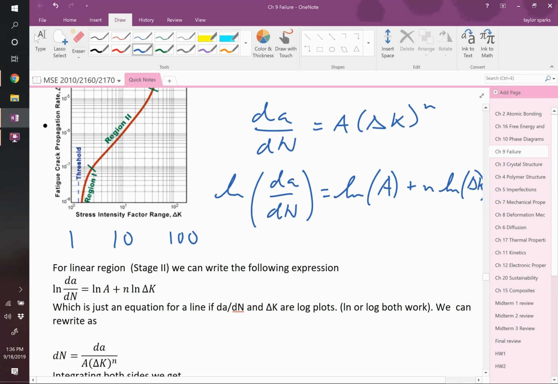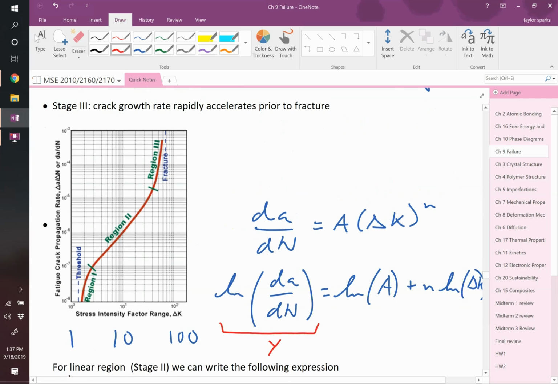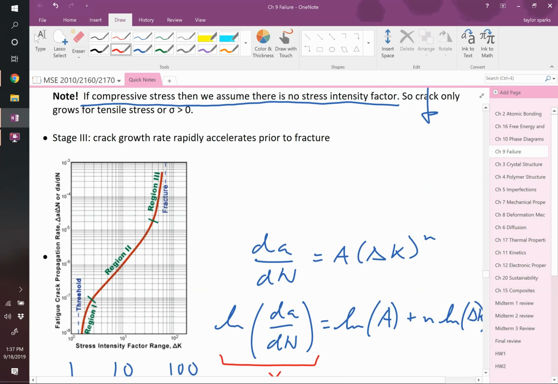Okay? I hope this isn't the first time you're seeing algebra with logarithms. If you've forgotten it, go back and review it. But that's how you all of a sudden can make this look linear. Why does this look linear? Because the y-axis right there, that is our y-axis, we've plotted on a log scale, right? This was dA/dN, but they plotted it on a log scale.